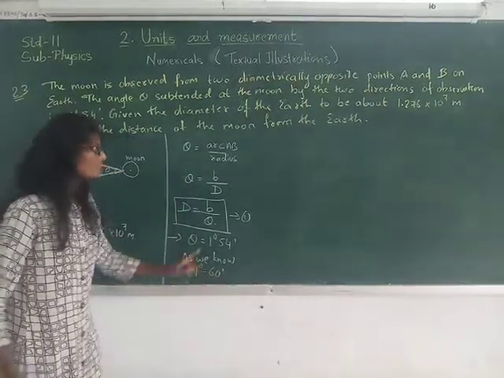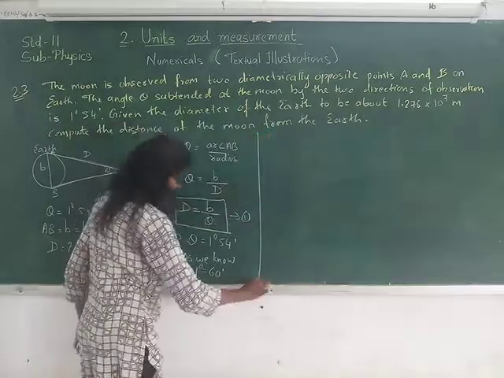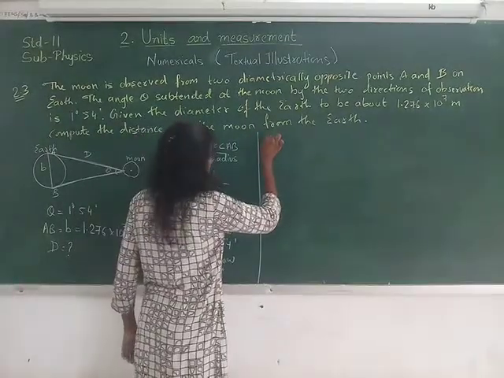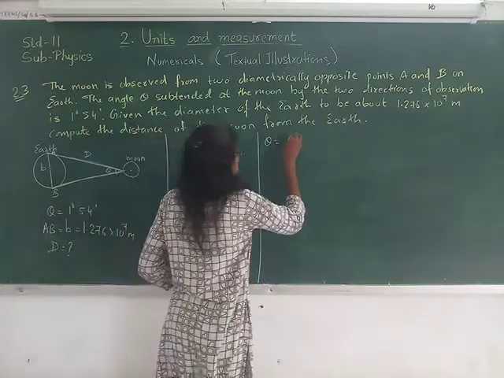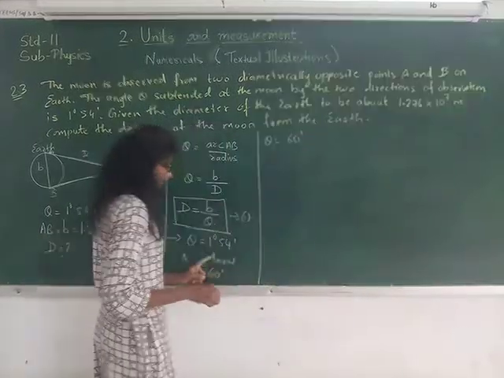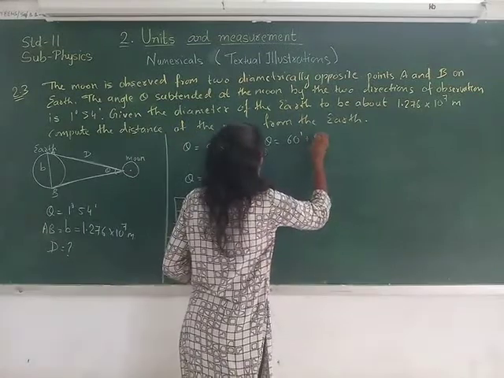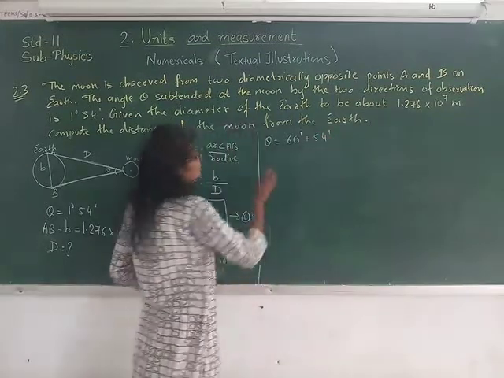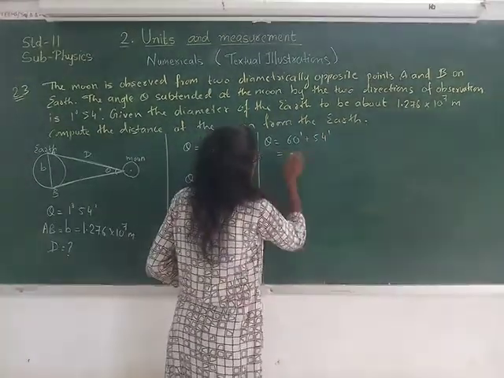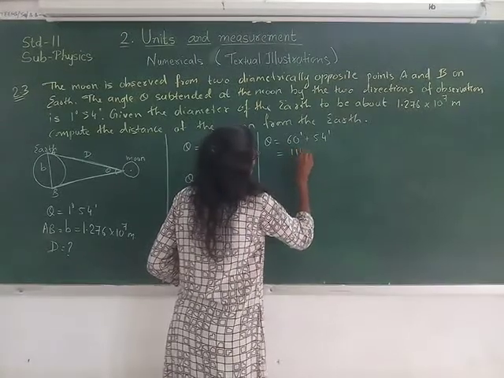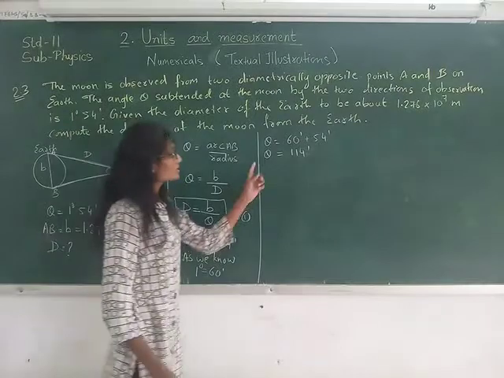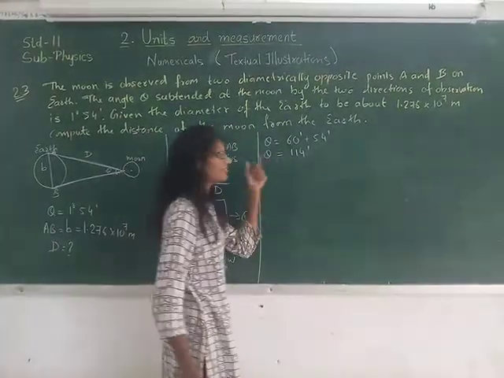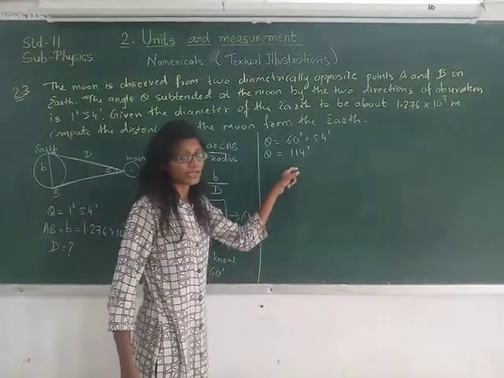So instead of 1 degree we can write theta equals 60 minutes plus 54 minutes, so that becomes 114 minutes.